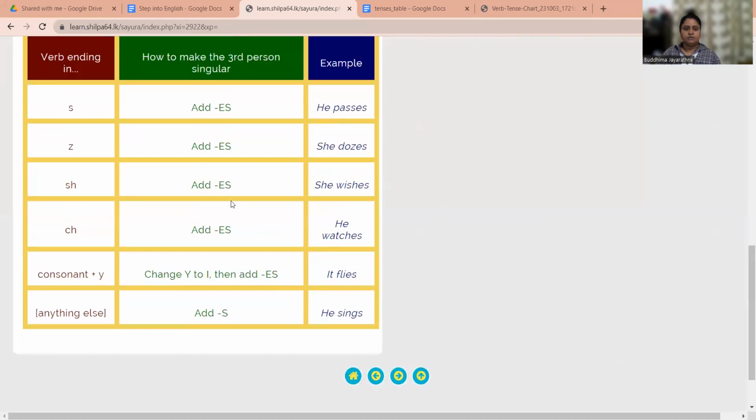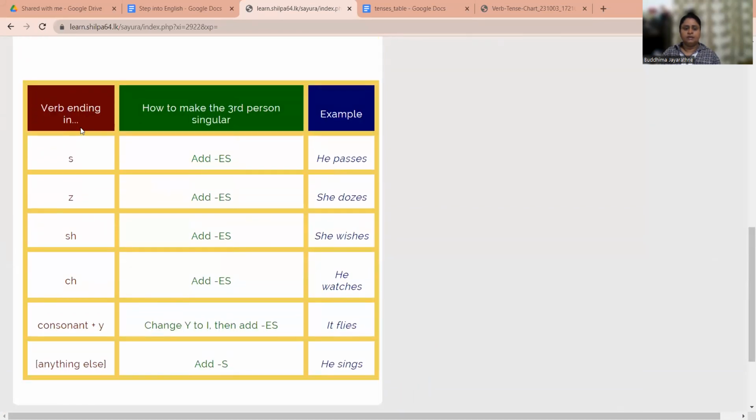So here you can see verb ending in S. He pass. So if the verb ends with S, you don't add S. Then there will be 3 S's. Instead, what you do is you add ES. So it becomes he passes. If the verb ends with Z, does.